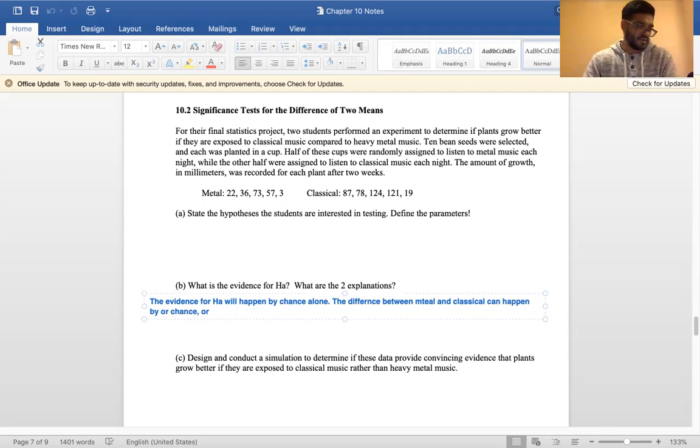Or you can look at the flip side, which is that the difference between metal and classical is so large that we would not expect the differences observed to happen by chance.